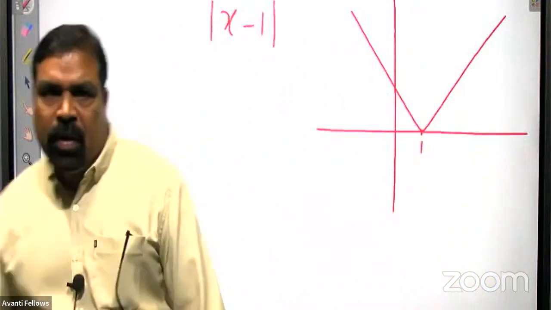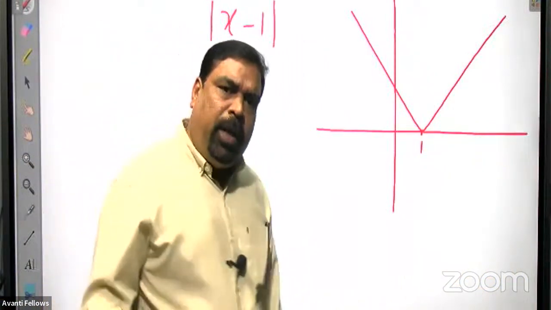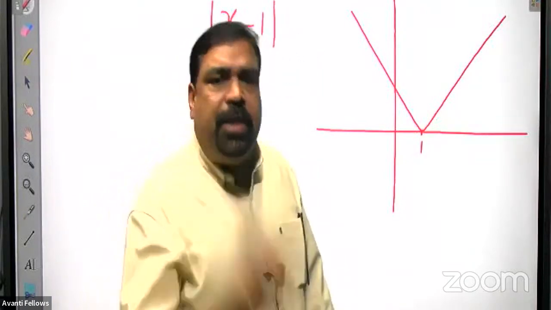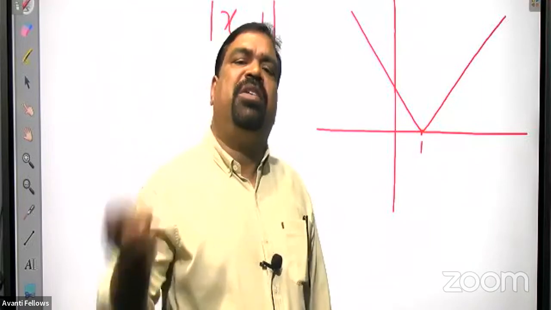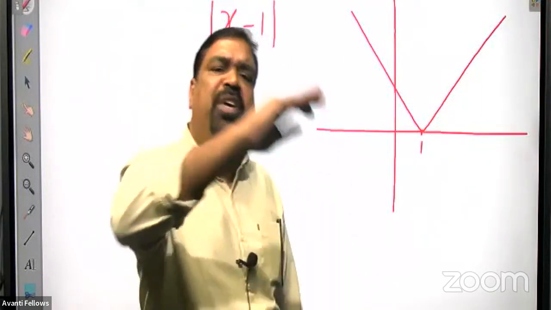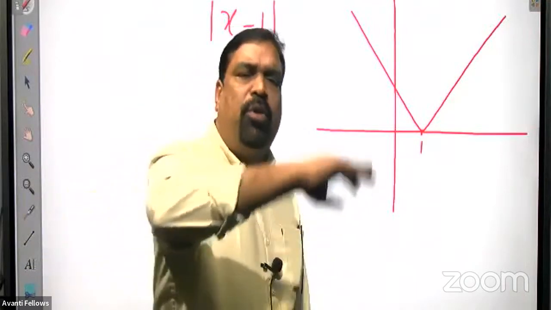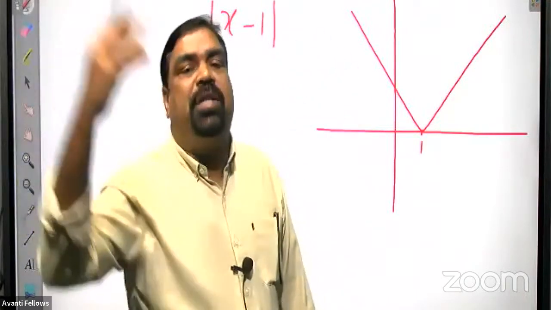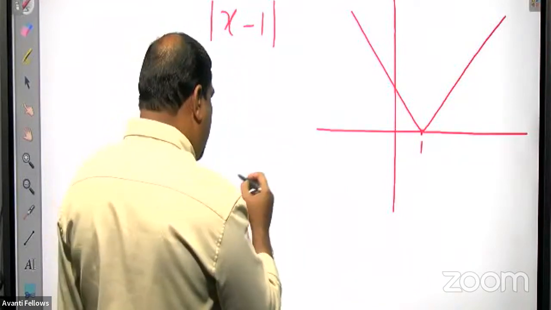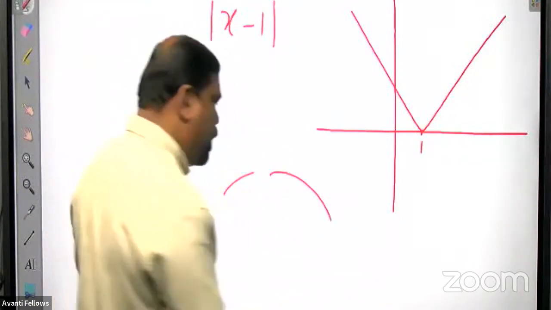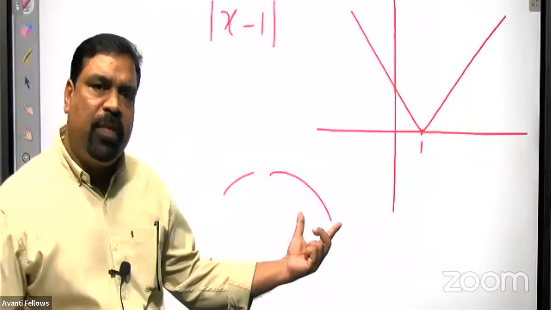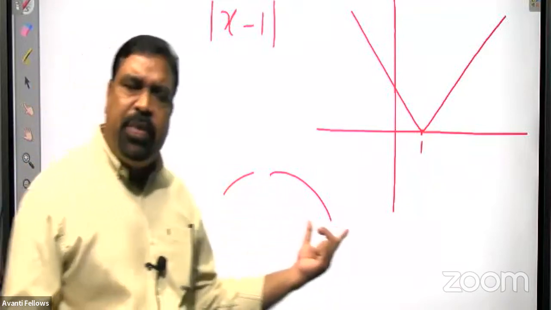So geometrically speaking, if the graph of a function contains a sharp edge at some point, the function is not differentiable. So a differentiable function means a smooth function. There should not be any sharp edge on the graph. If there is a break in the graph, then very clearly it is not continuous.